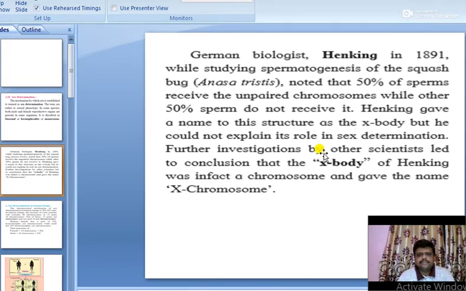Henking gave the name X body to this structure, but he could not explain its role in sex determination. Further investigations by other scientists led to the conclusion that the X body of Henking was in fact a chromosome, and it was named the X chromosome.